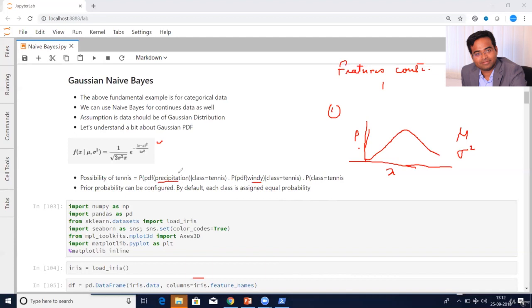When the target is tennis, you're calculating the probability of precipitation, and the probability of windy. This is a conditional probability, which you multiply with the class probability, which will give you the possibility of tennis. Similarly, you'll calculate the possibility of chess, and then you'll normalize them, and whichever is higher will be your final outcome.